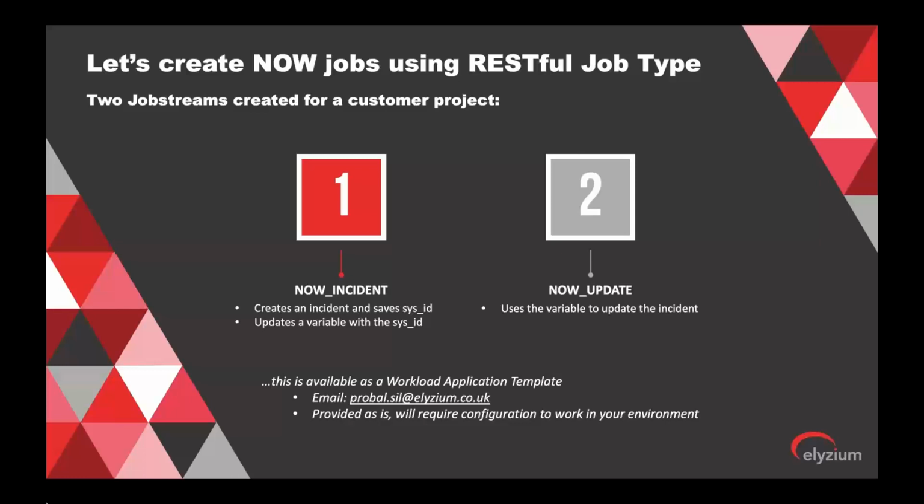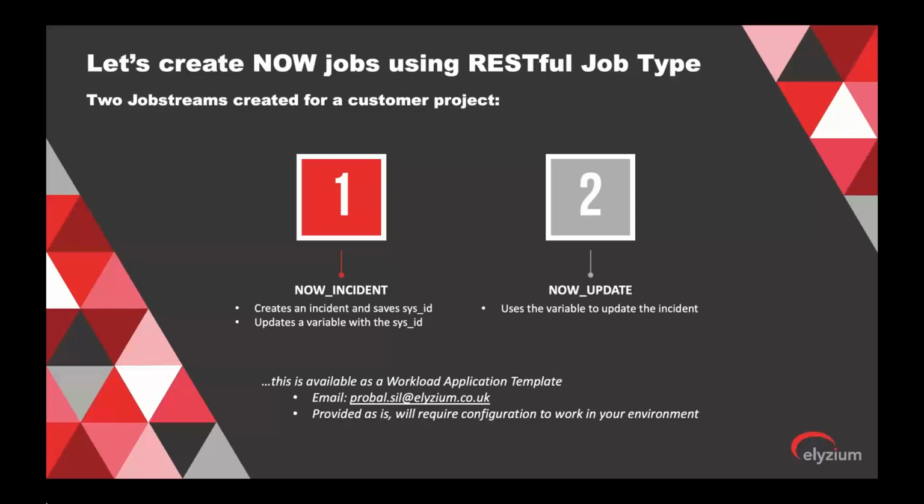The Now Incident creates the incident and saves the SysID to a variable within a variable table, so that when the Now Update job runs, it can take the SysID from the variable table and say, I want to update this incident.